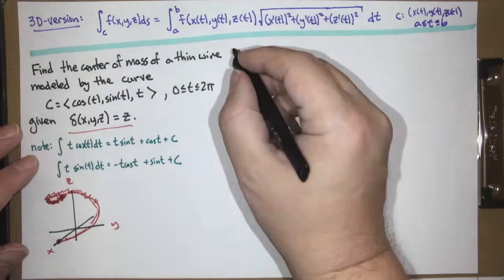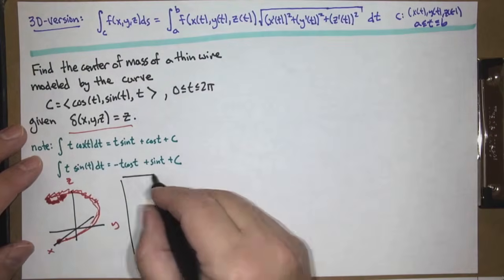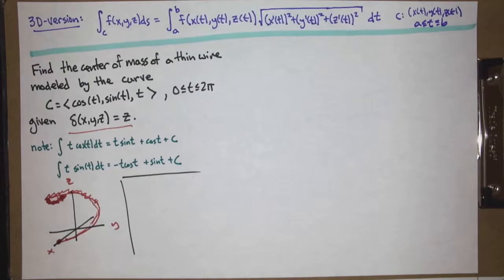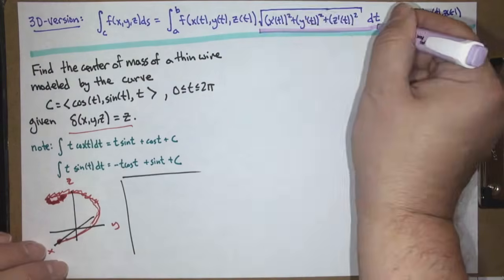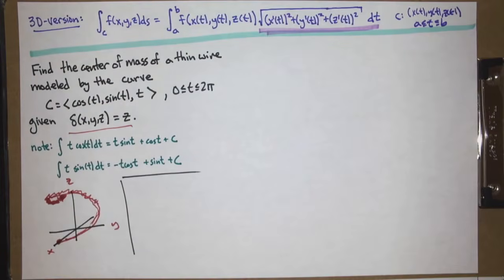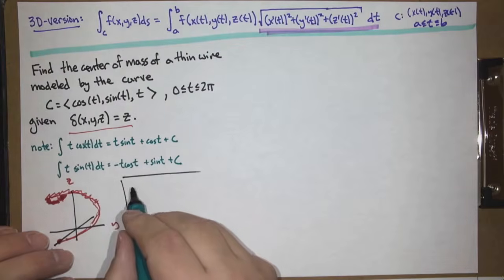Okay, so let's think about what do we need. This has now become a bit of a project. The first thing we need to focus on, I think, is just making sure, what is this? We already have our parameterization, so we're going to find our ds.